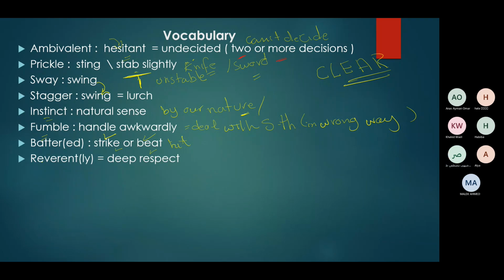Reverent. Deep respect. If somebody or something should receive great respect, you can describe it as reverent.